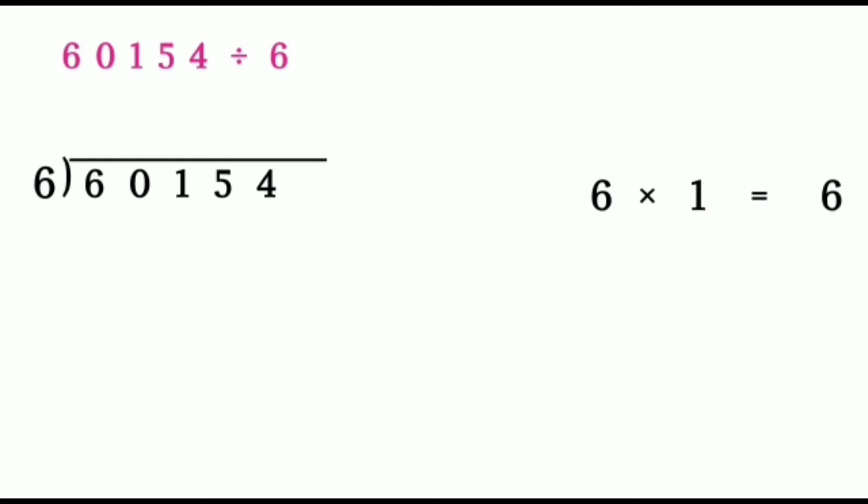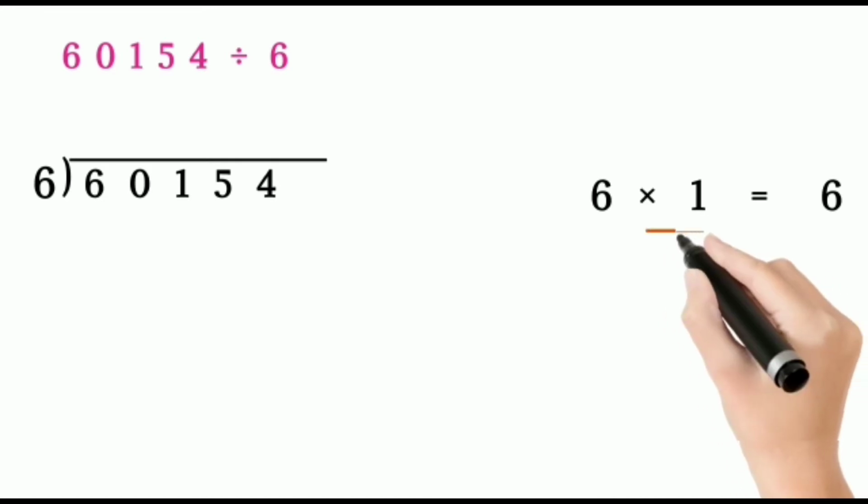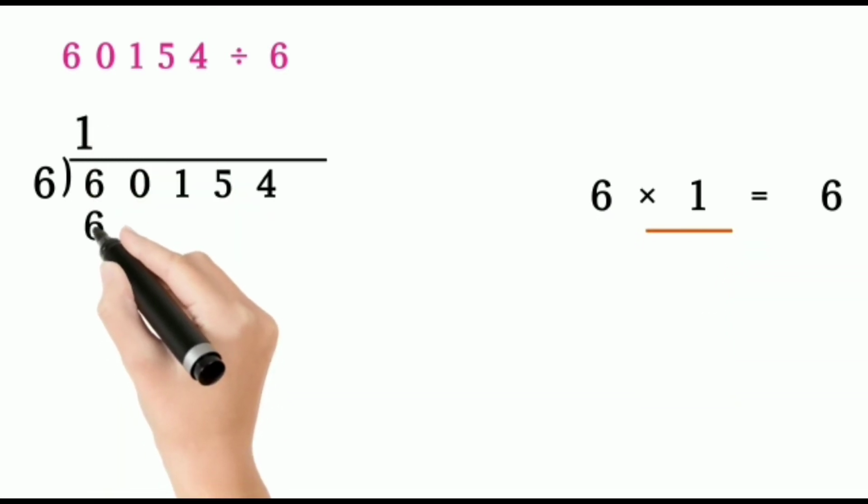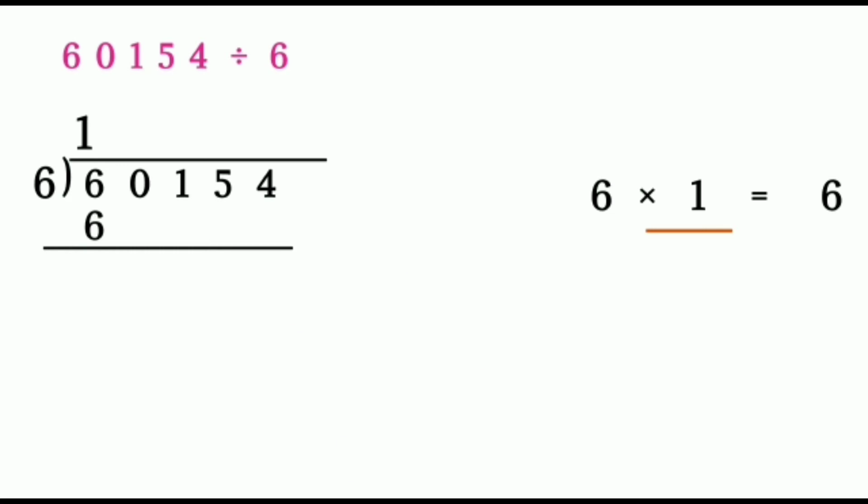Only 1. 6 ones are 6. Write 1 in the quotient and 6 below the 6, then subtract. 6 minus 6 is 0. Bring down the next digit of the dividend, that is 0.